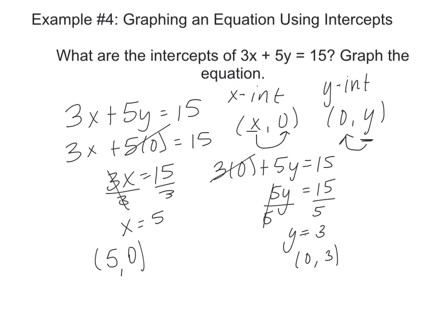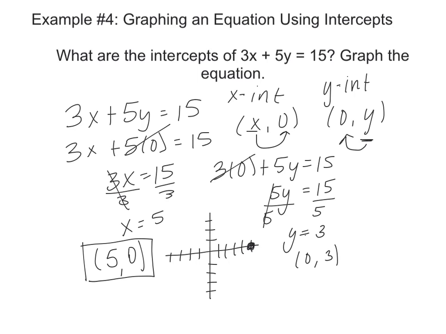Finally, we're asked to graph. It's a tiny graph, so I'm sorry. But let's say I just make some tick marks along the sides. Our x-intercept was 5, 0. So on the x-axis, I'm going to go out 5 to my right and plot a point there. Our y-intercept is 0, comma 3.